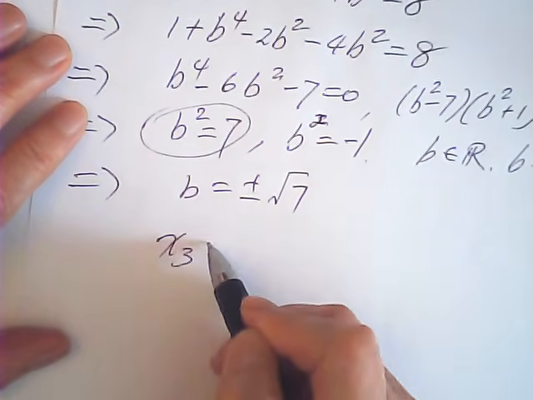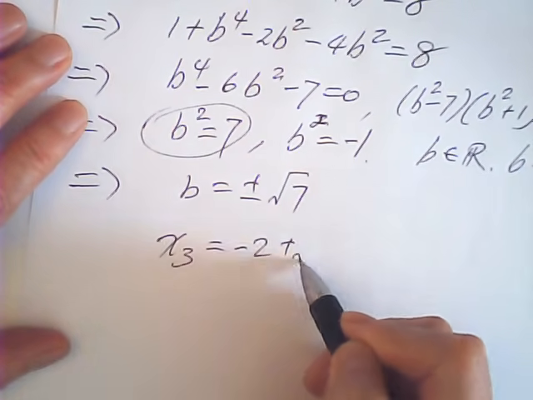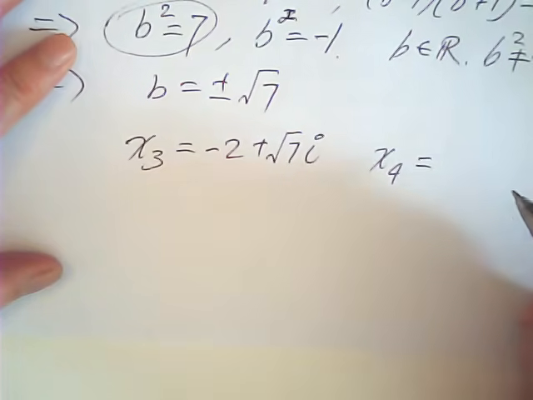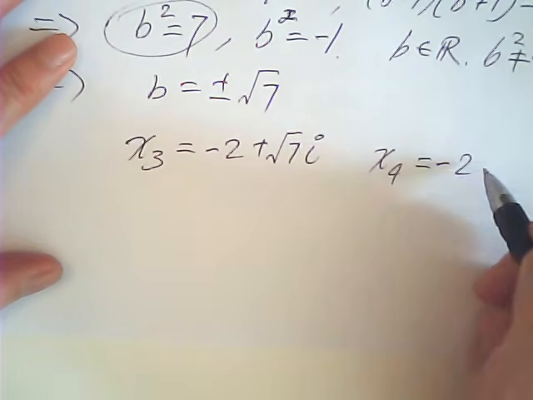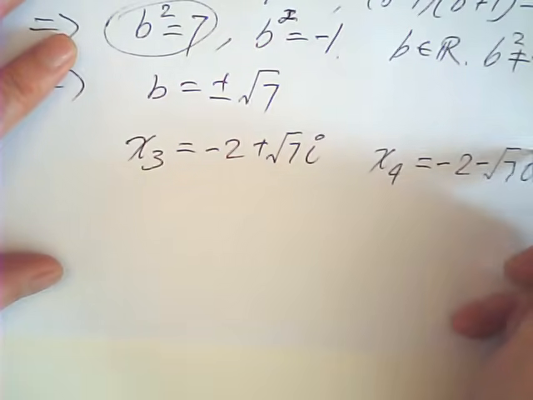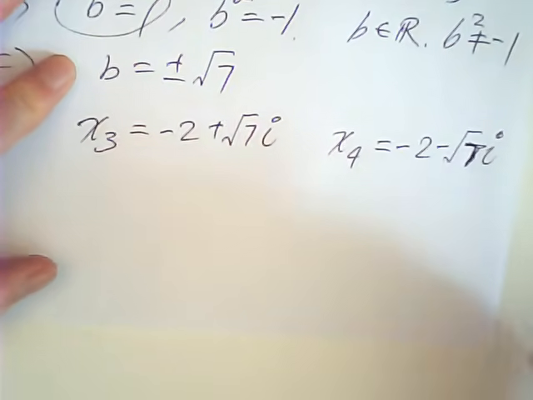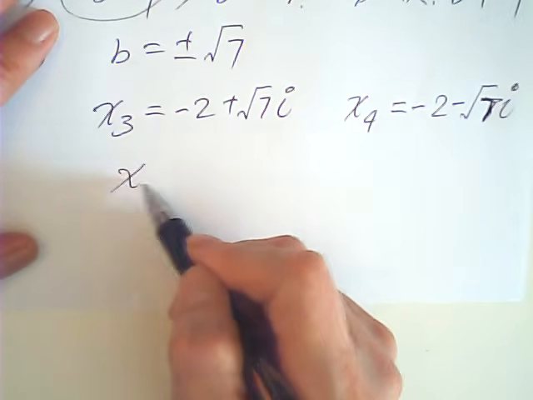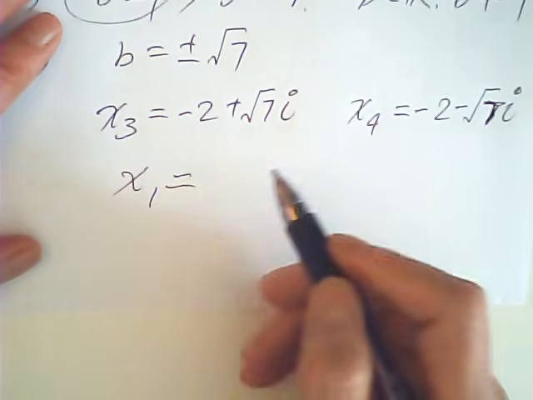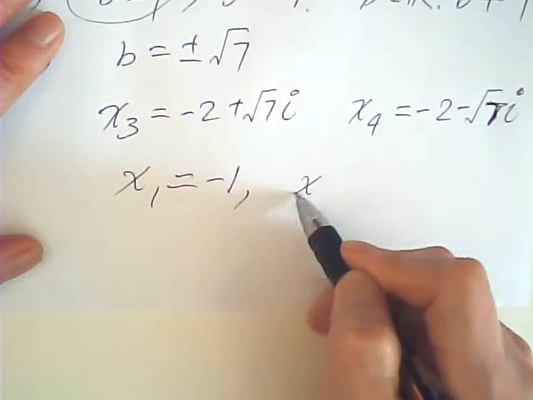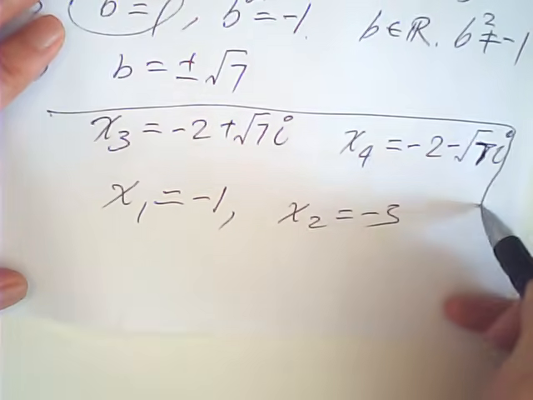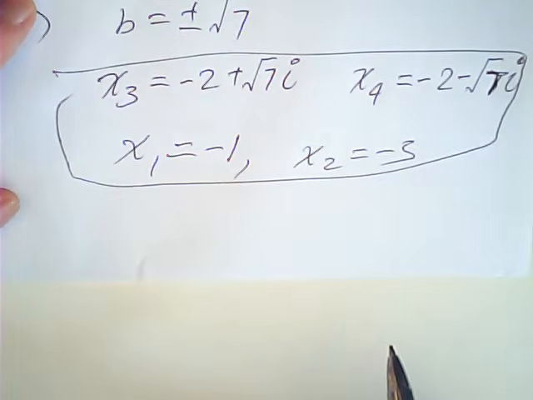So X3 is negative 2 plus root 7 i. X4 is equal to negative 2 minus root 7 i. So plus the previous solutions, X1 equals this one, X2 is negative 3. So altogether, we have 4 solutions.